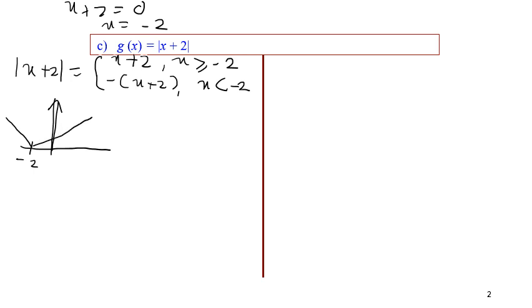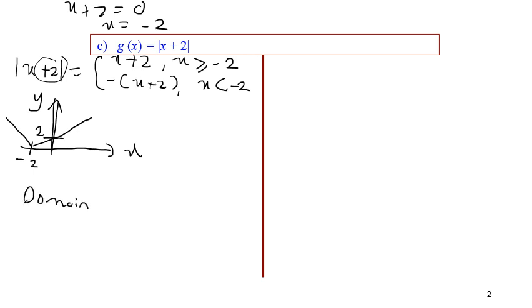And this is for positive definition. And the intercept would be at 2, as we find out here. So the graph would be like this, and from here we can find out the domain and range.